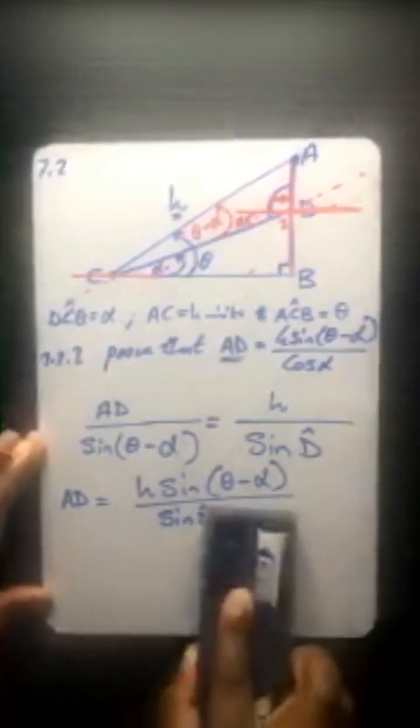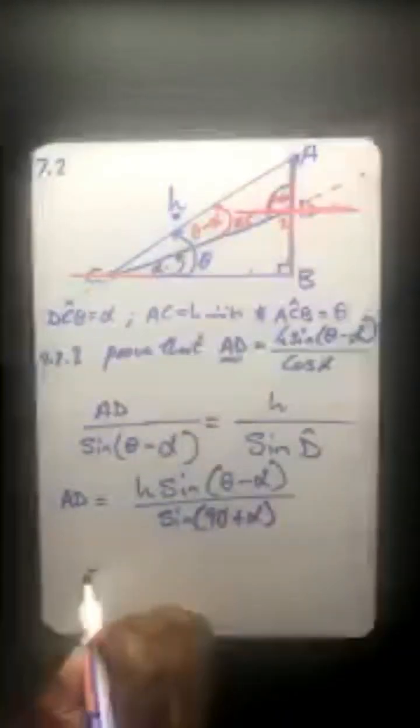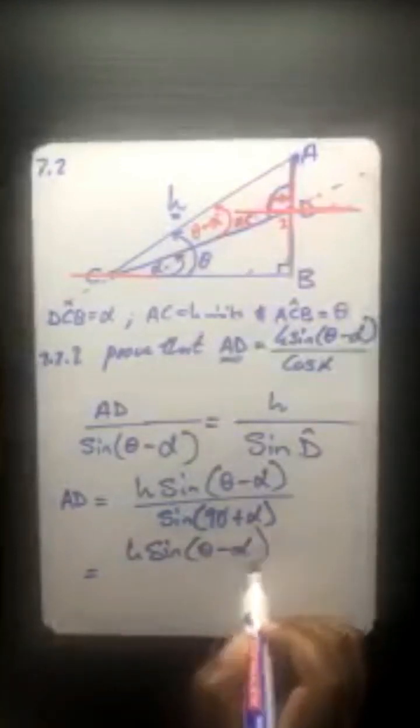So now that means angle D, I will therefore write it as what? 90 degrees plus that alpha. I think now it's over. Let's see.